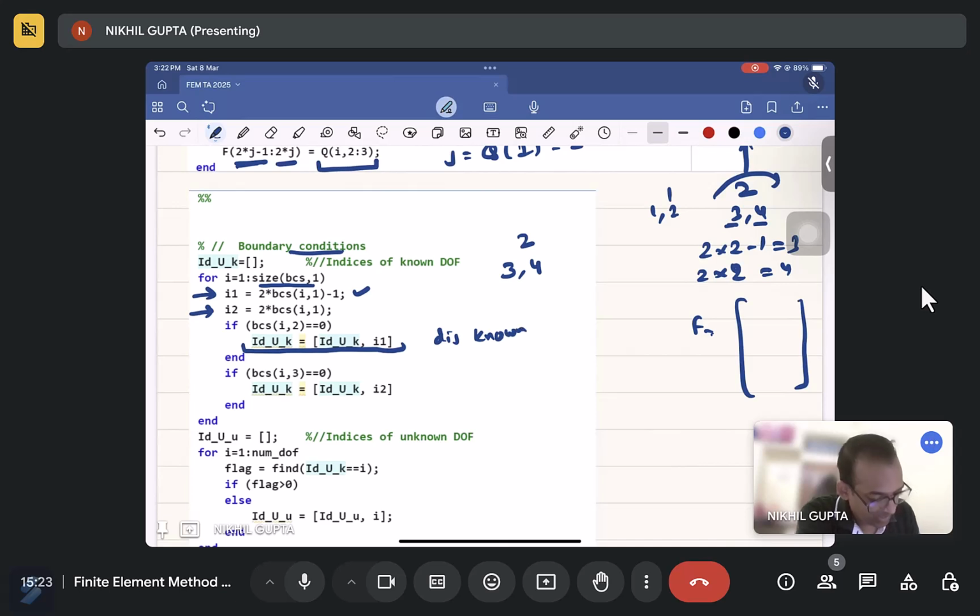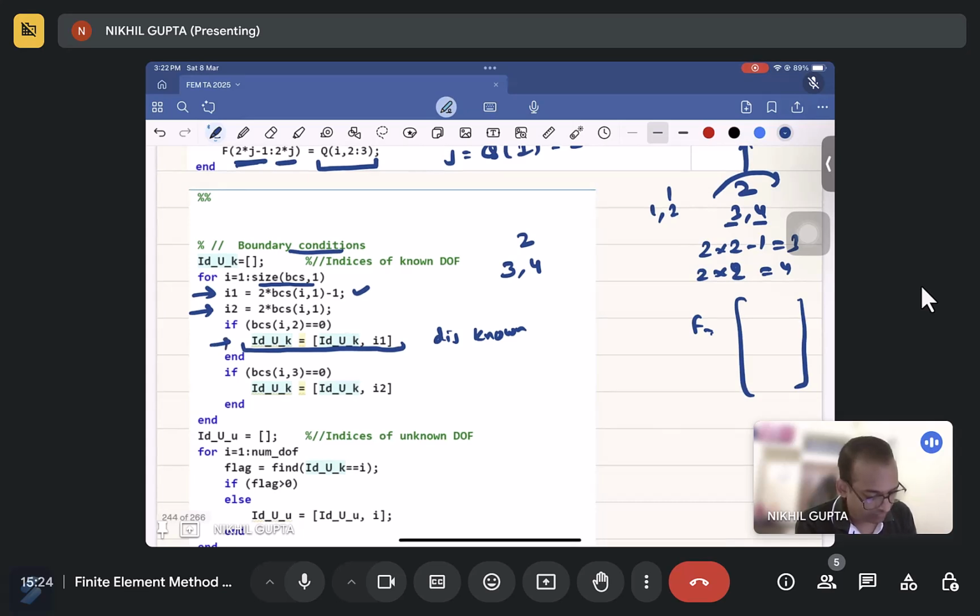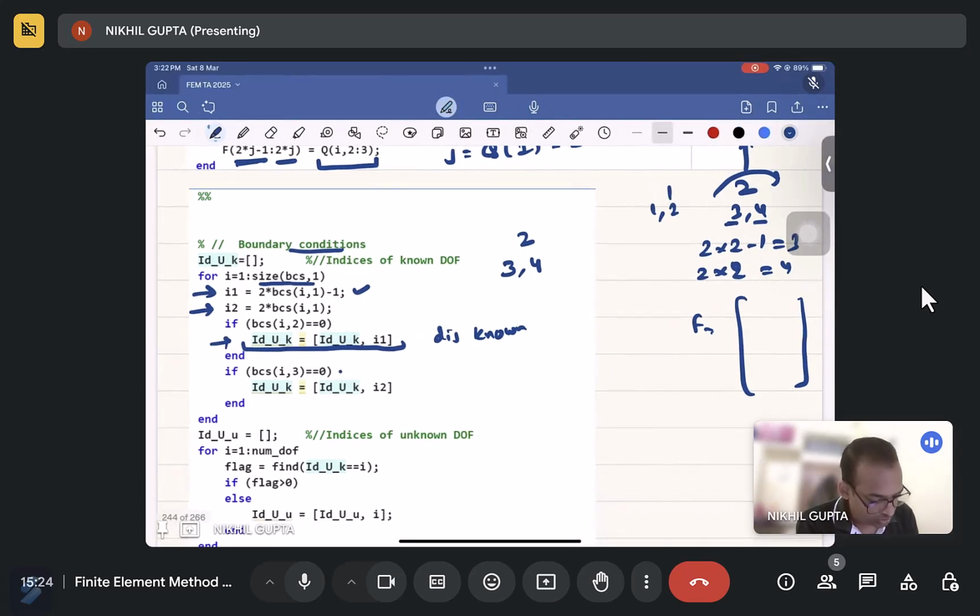So we have gathered all the displacement indices which we know. Known displacement indices are being stored in iduk. Similarly, if the other is 0, then that is also stored in iduk. So these are the indices I1 and I2 that are stored in iduk.